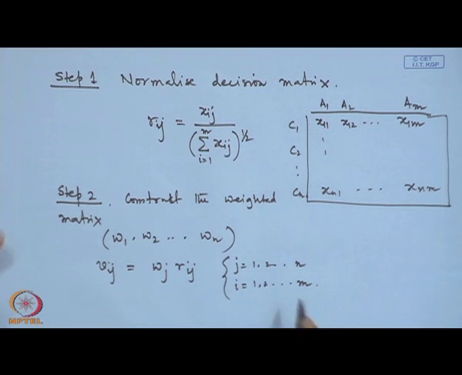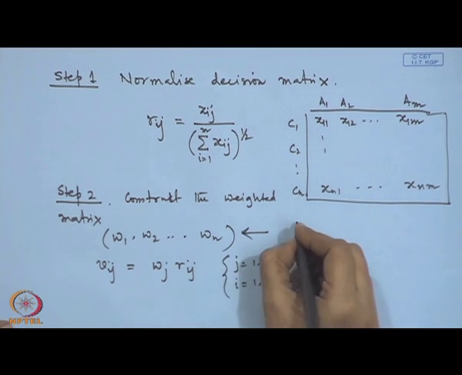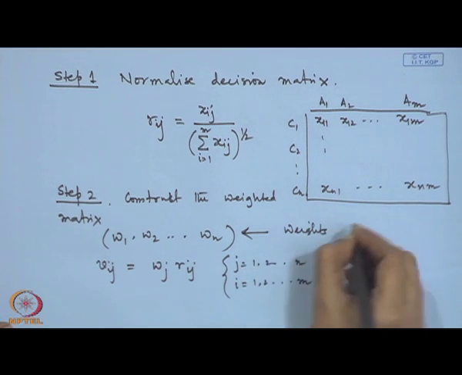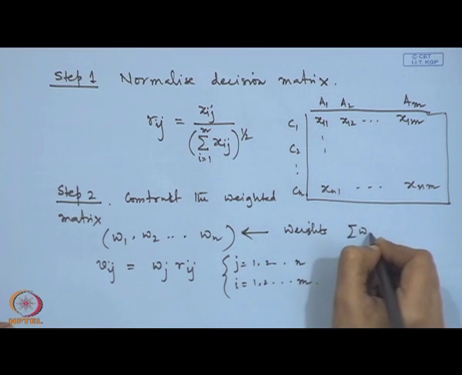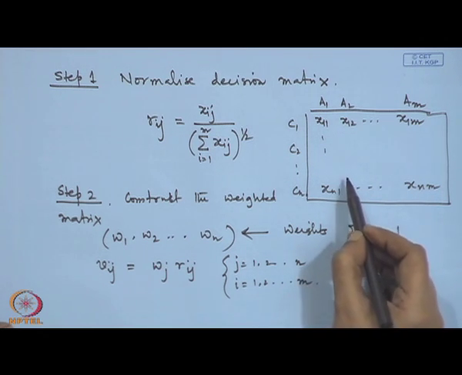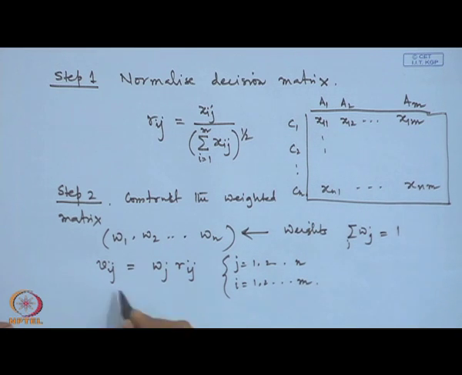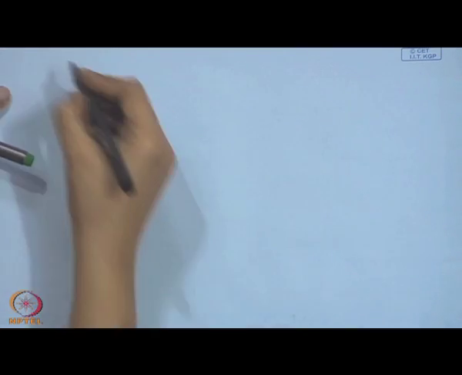That means we are having m alternatives with respect to n criteria, and if we have the information about the weights regarding the preference of criteria, where the summation of Wj over j is equal to 1, then we will reconstruct the matrix with this weighted information.